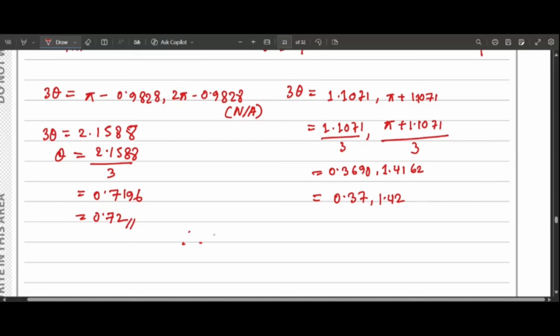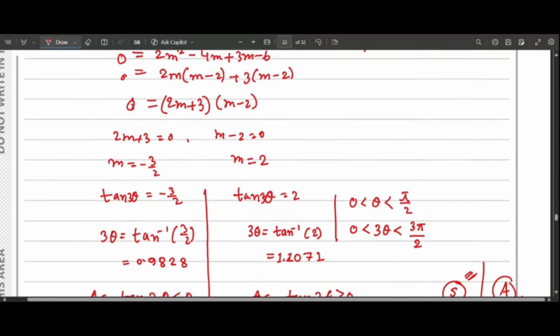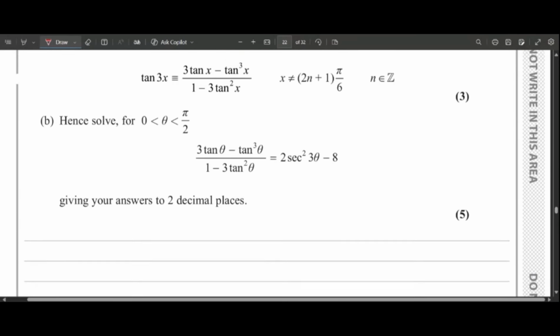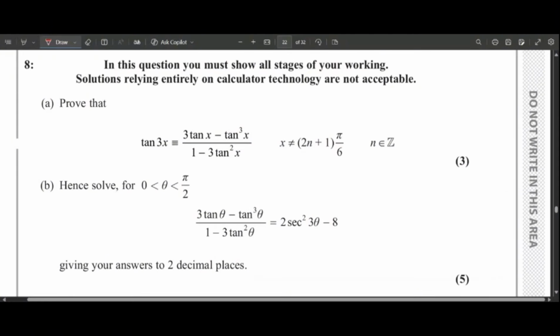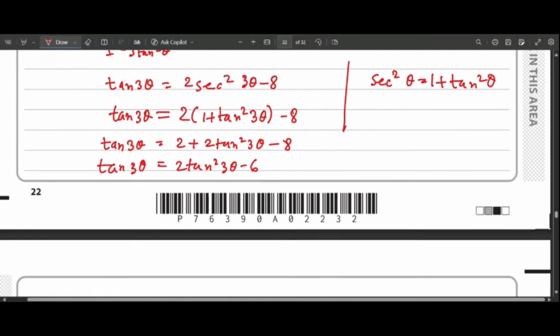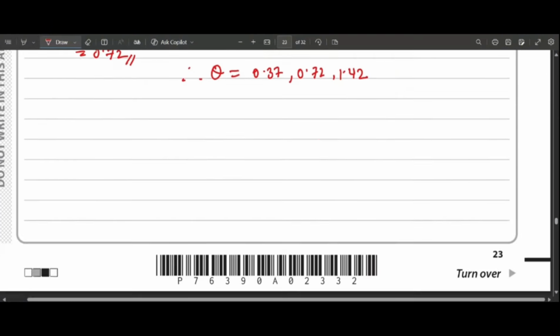From here we can see that the solutions for theta are 0.37, 0.72 and 1.42, and this is our answer for this part. So this concludes our question number 8. We can now move on to question number 9.